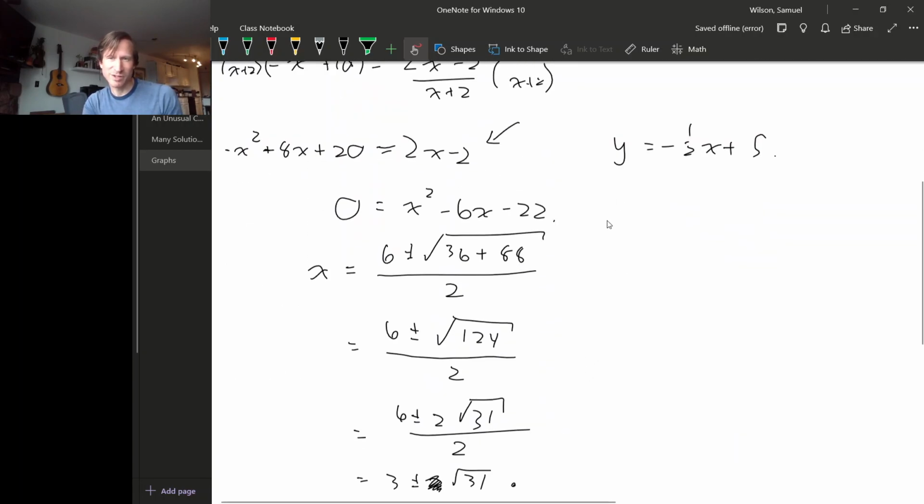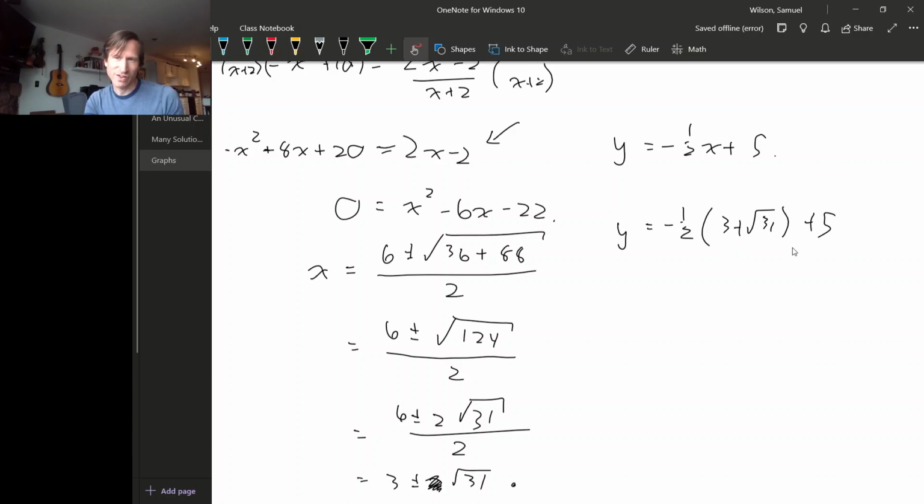So for the first one, we get y equals minus 1/2 times 3 plus root 31, plus 5. So let's see, 5 is 10 halves, so minus 3 plus 10, 7 plus root 31 over 2. So this gives us the point 3 plus root 31 for our x coordinate, and for our y coordinate 7 plus root 31 over 2.